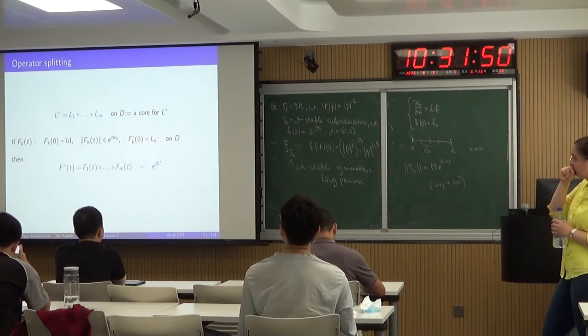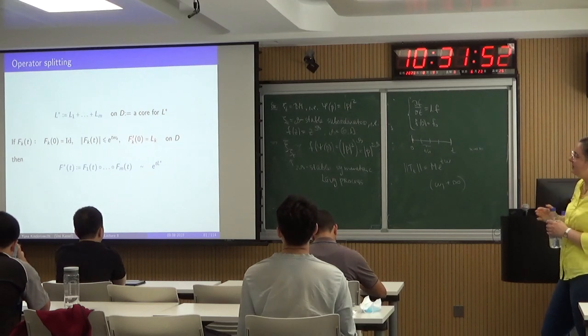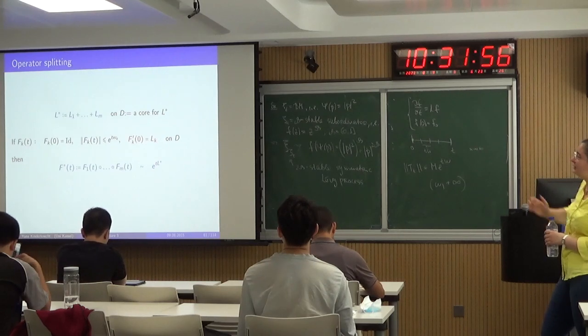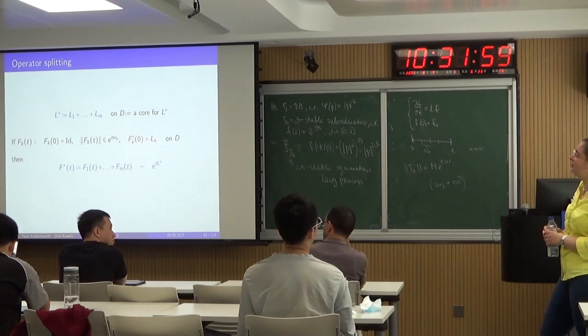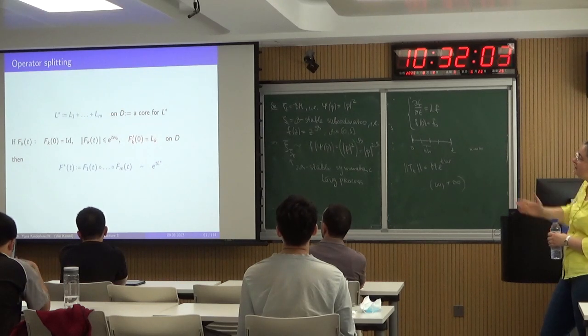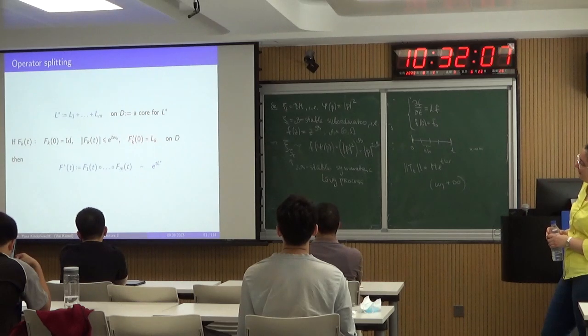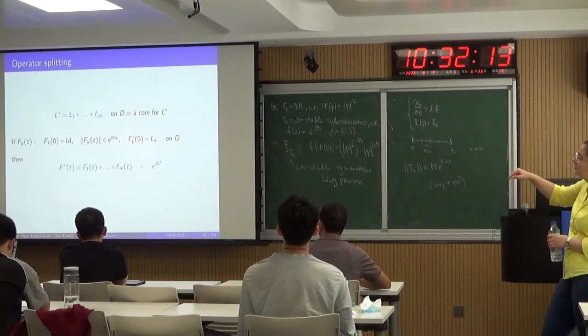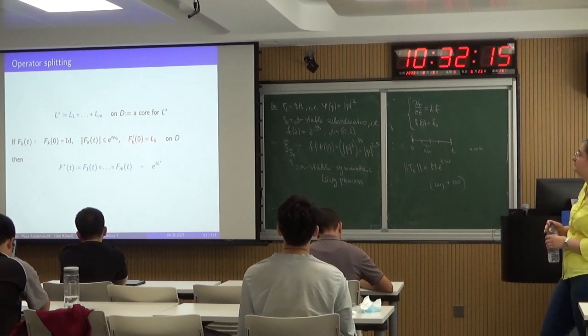Well, it is an exercise to check that it is. So you see that at time equal to 0, this operator F star is identity. The norm of this operator F star is also bounded by some exponent to the power t times constant.